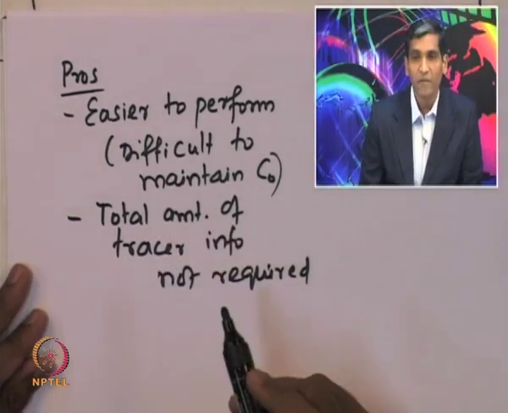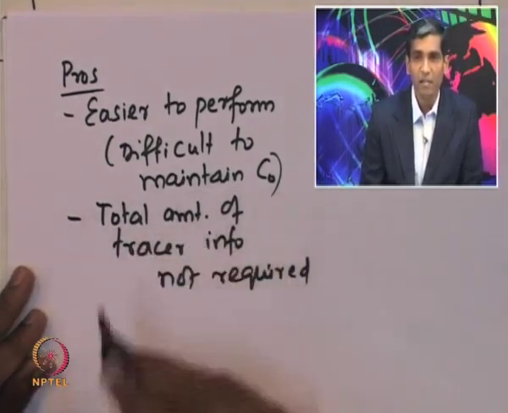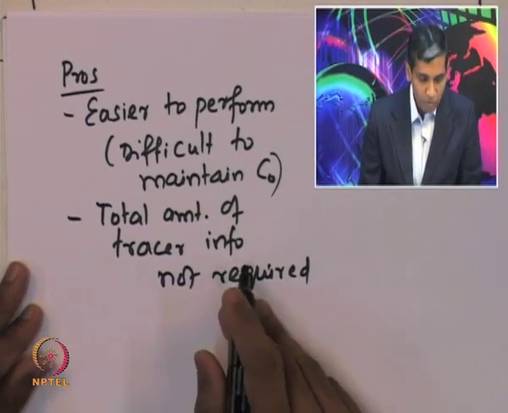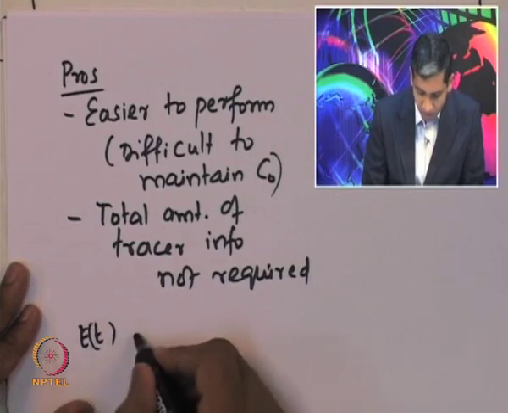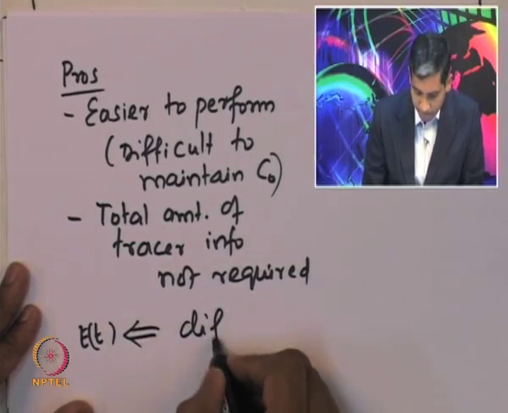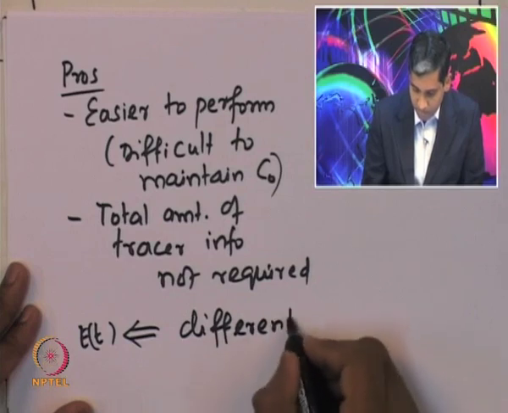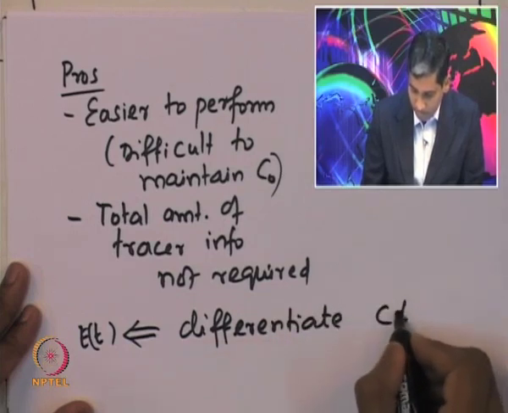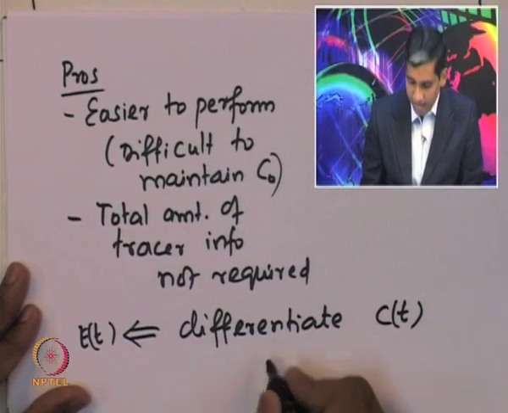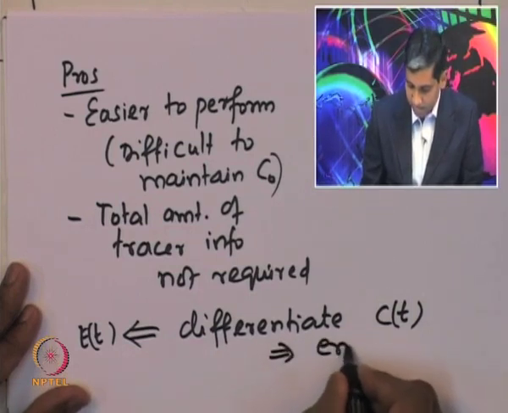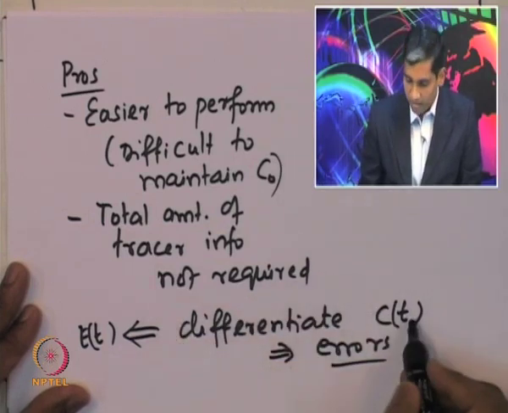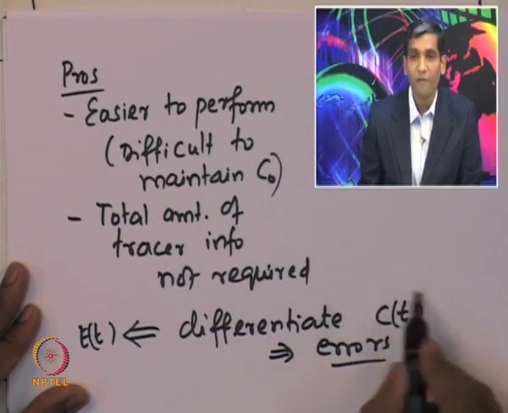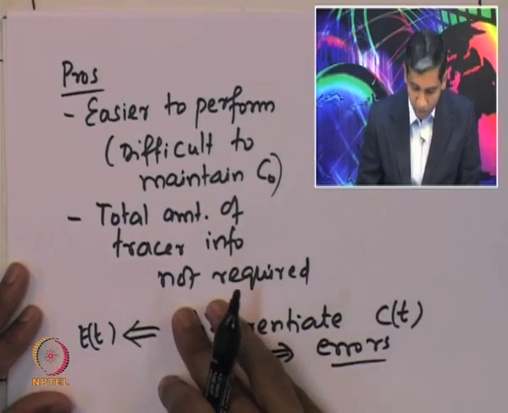Such integration is not required for the step input method. However, in order to find the E curve, one needs to differentiate the data, and some errors may creep in while differentiating the concentration of the tracer as a function of time in the effluent stream.